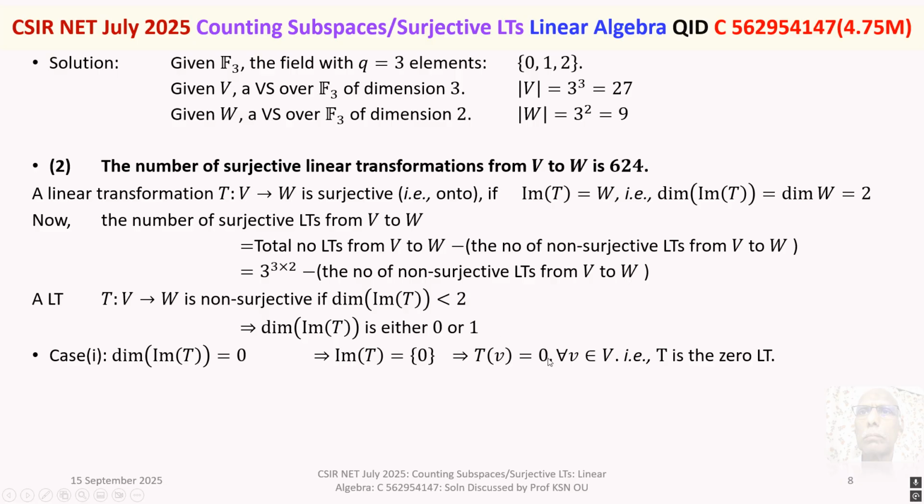So T of v is equal to 0 for all v belonging to V. What is that? It is the 0 linear transformation, a trivial linear transformation. So how many such linear transformations are there? There will be only one such linear transformation, namely the 0 linear transformation. Okay, keep that in mind and move to the next slide.